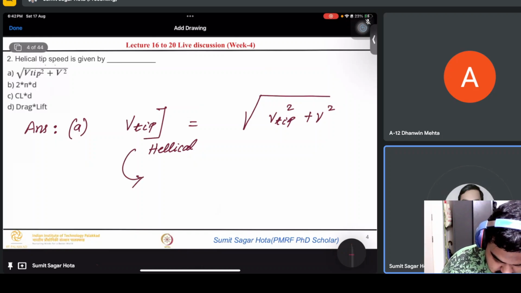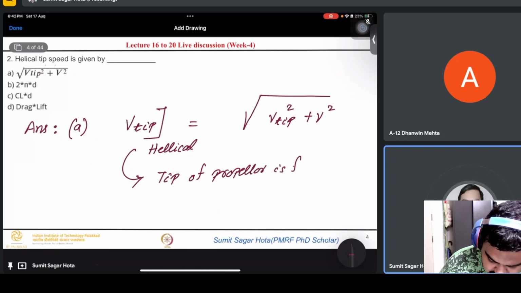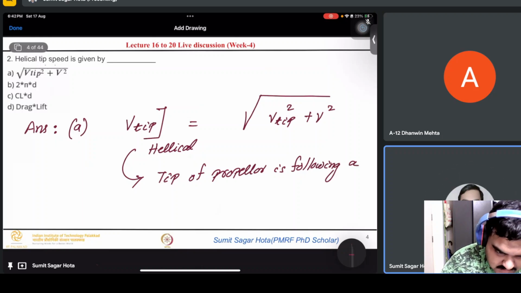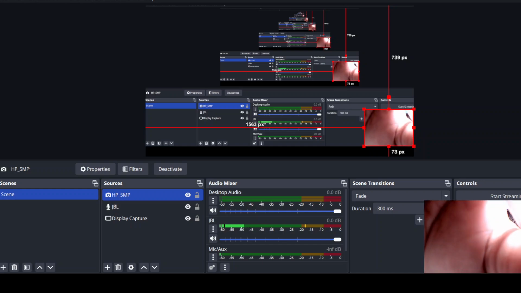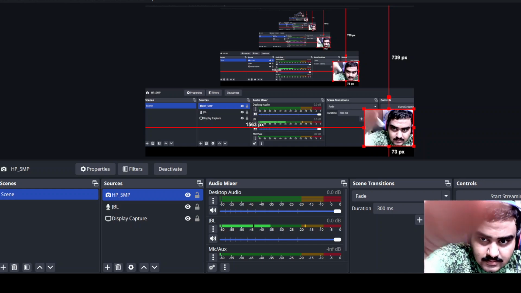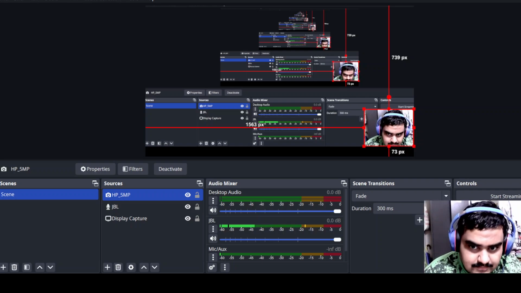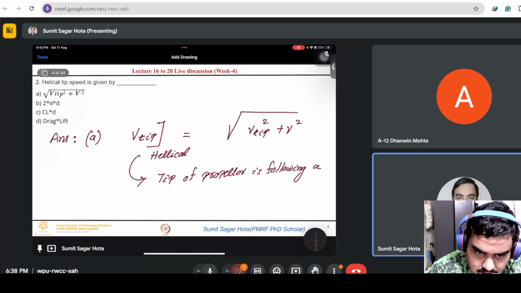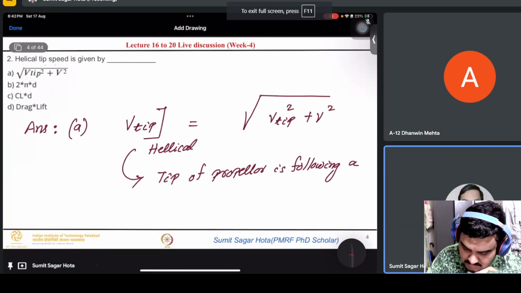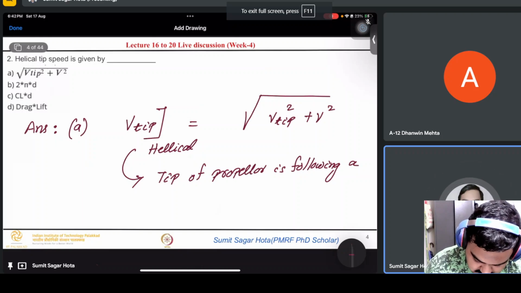The tip of the propeller is following a helical path through air.